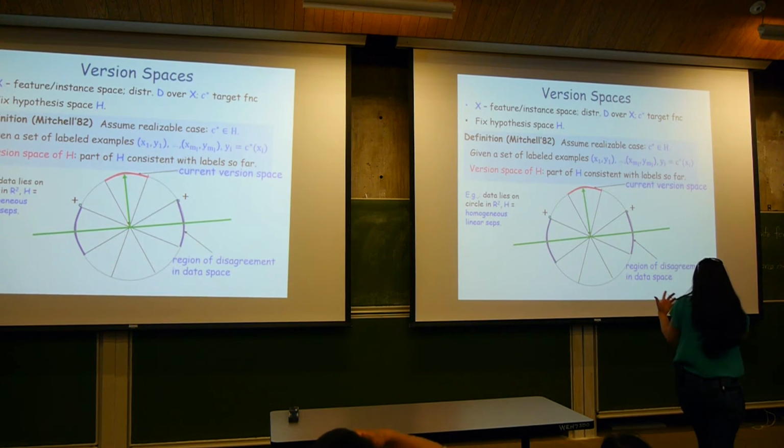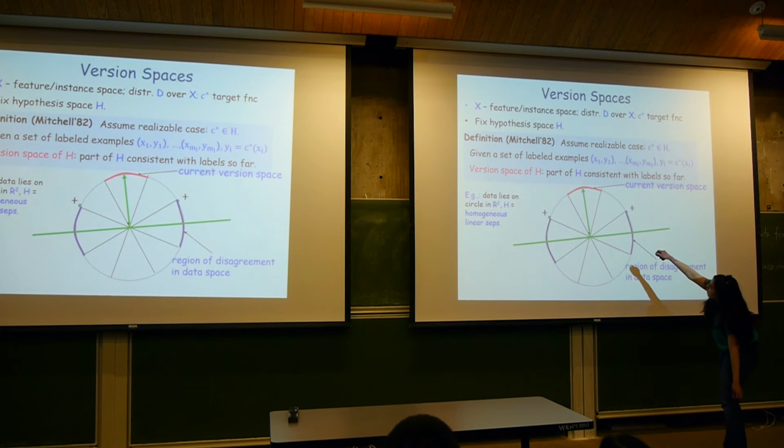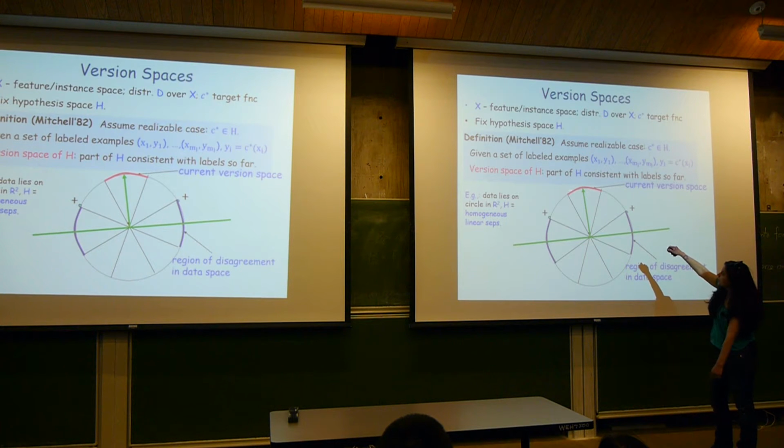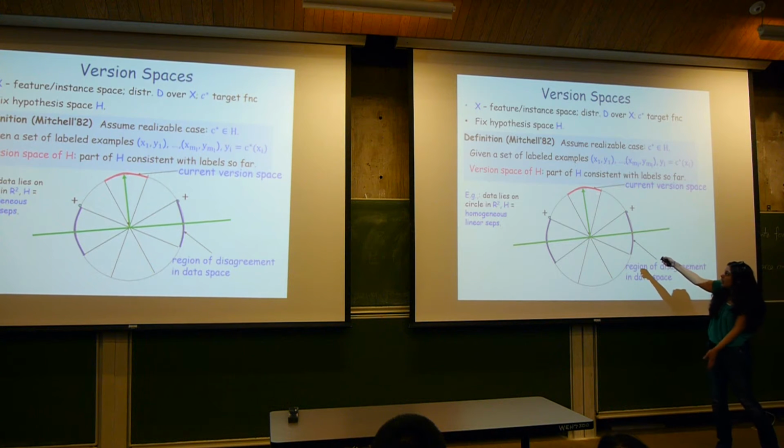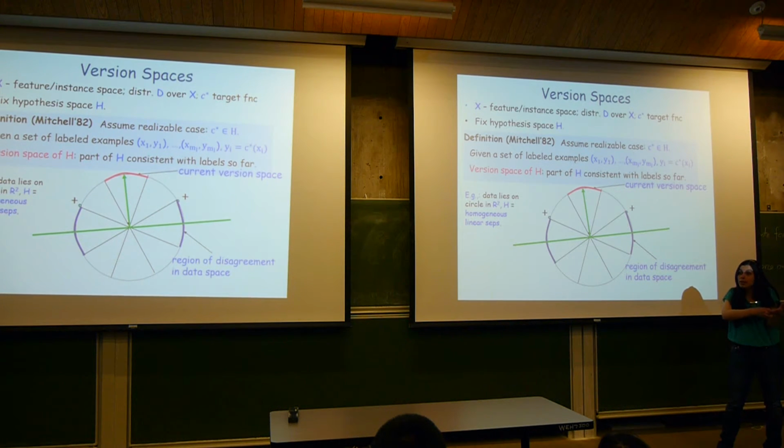If this is my version space, these are classifiers whose normal vectors are here, you can pictorially draw the region where these classifiers disagree. A point is in the region of disagreement if there exist two classifiers in my current version space that disagree about the label. And if you think about it, in this example, it will be just this region over here.